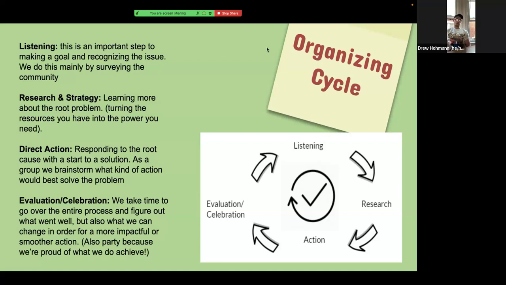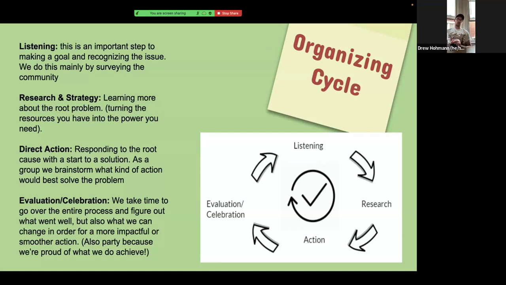So you maybe get together with your group and you think, hey, we want to get 50 people to show up at a school board meeting in support of better school lunches. It's anything that we want to solve. Plotting that action out. Then after that day of action comes, we do our evaluation. We say, hey, what did we do right?